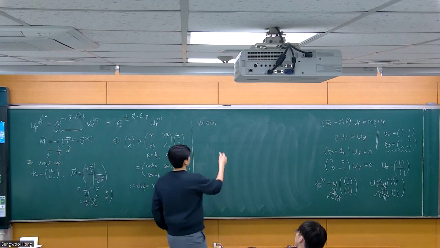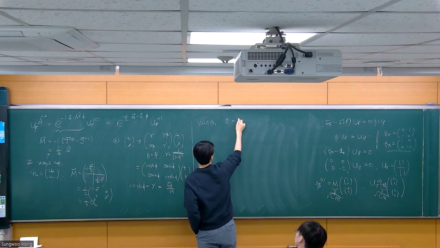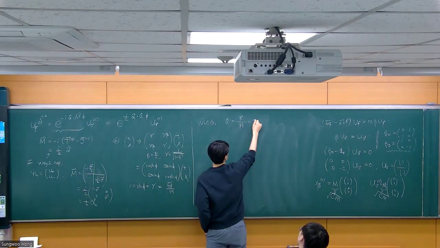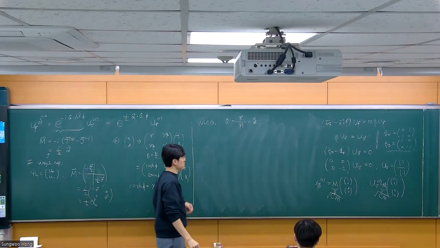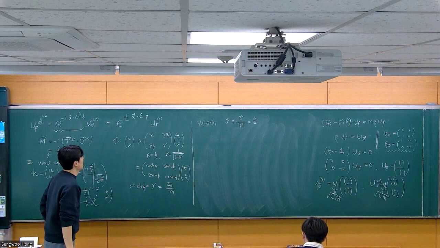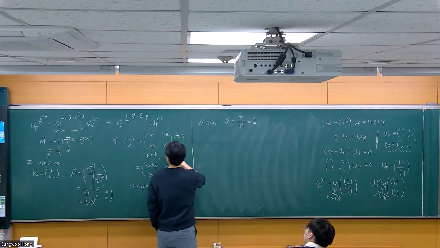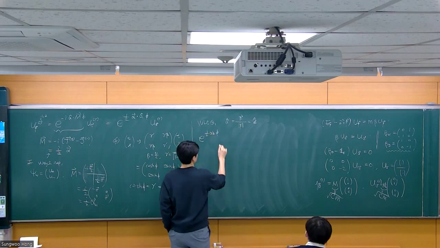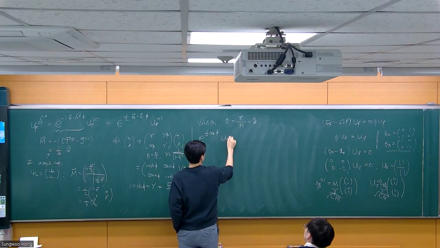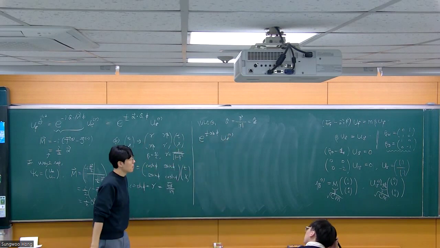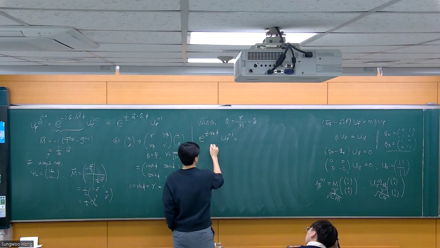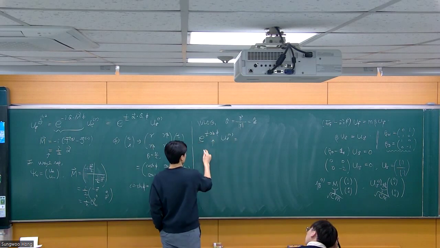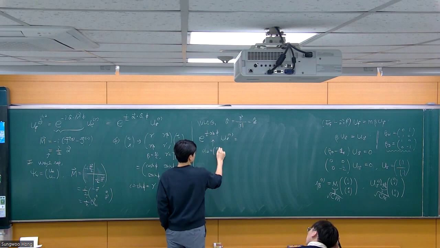So I'm just going to pick the direction of propagation to be z. Then the boost we get is e to the alpha z phi acting on the u vector.